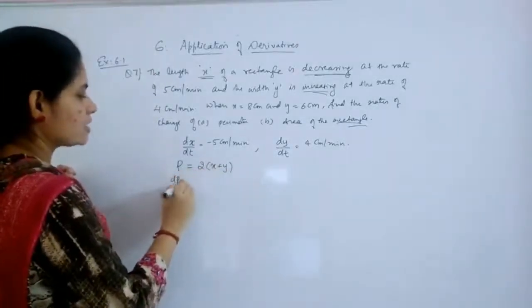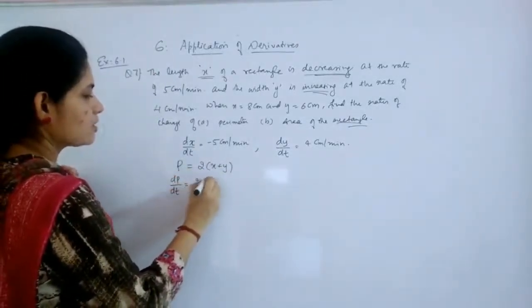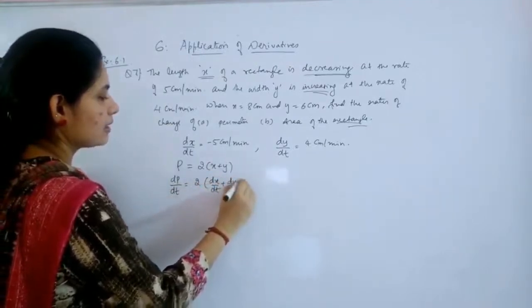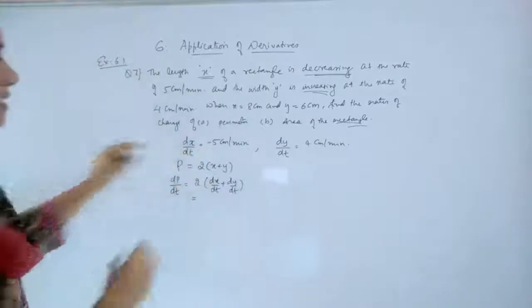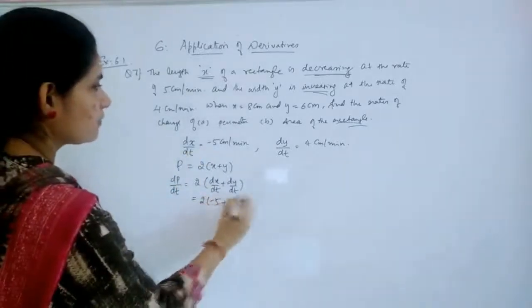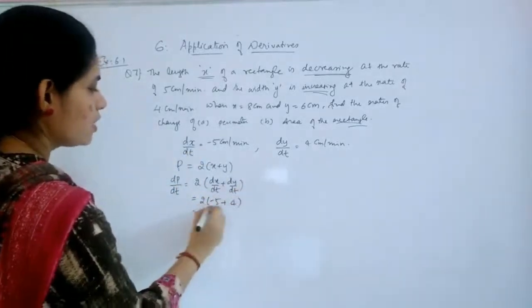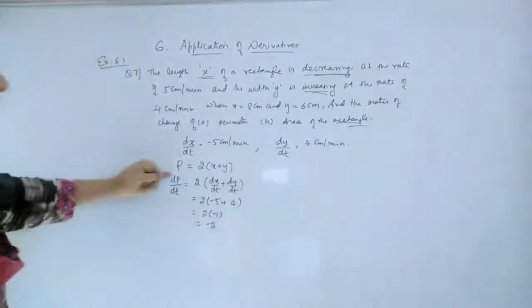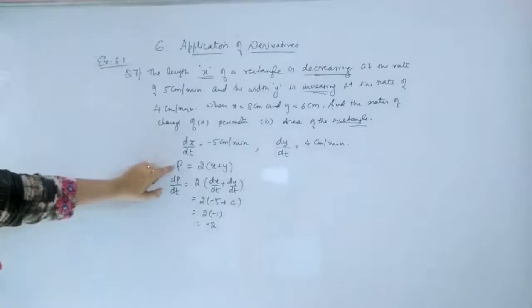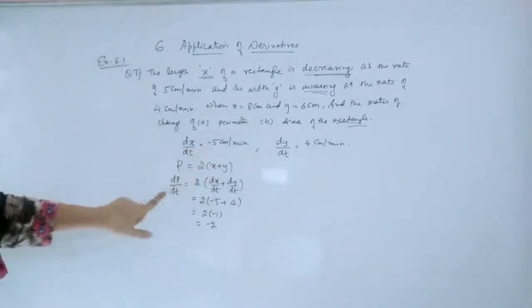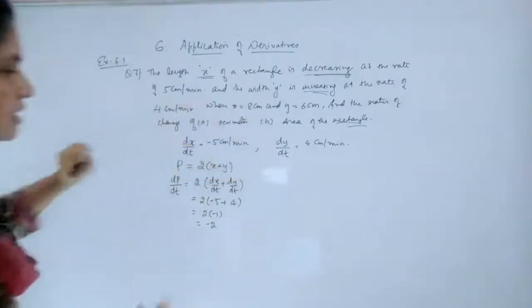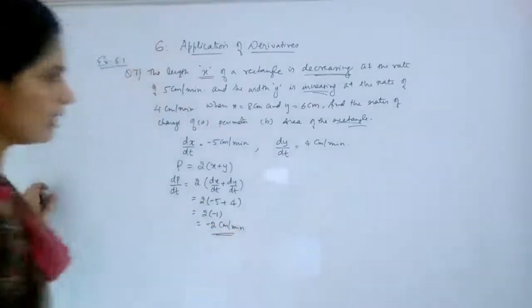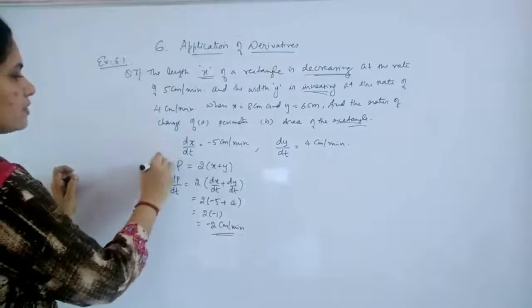You have to find out dp by dt, it is 2 into dx by dt plus dy by dt. dx by dt is negative 5 and the other thing is 4, so you are getting 2 into minus 1, which is minus 2. And what will be the unit? Again, p is in centimeters, and it is given in the question as minute, so it is centimeter per minute. This is your dp by dt, that is your first part.